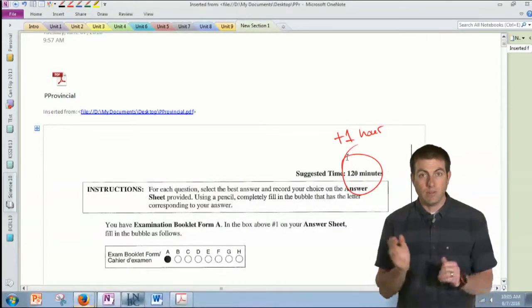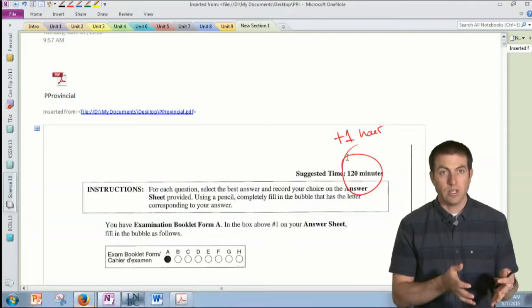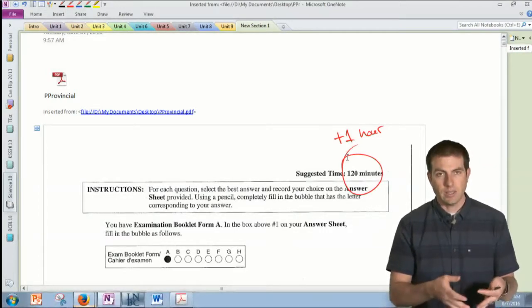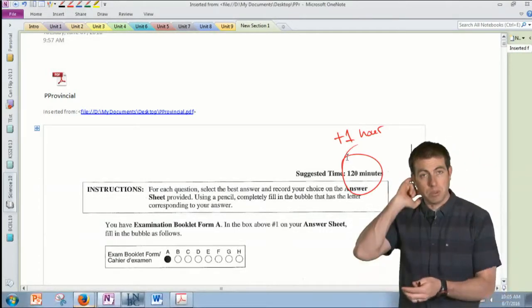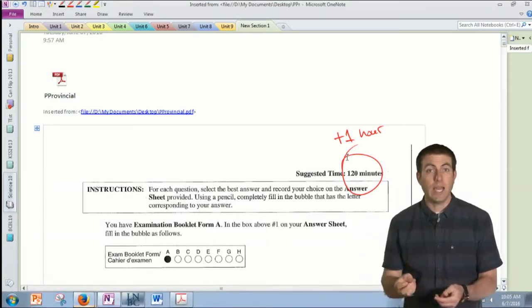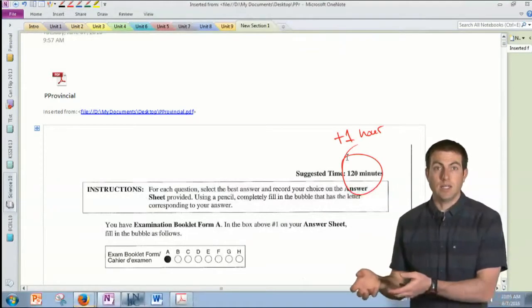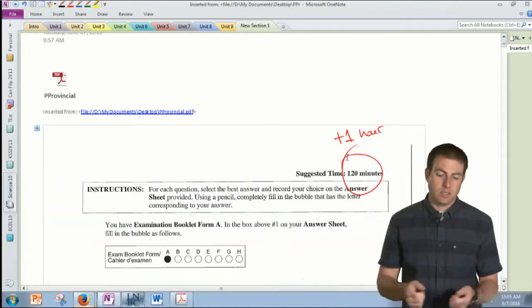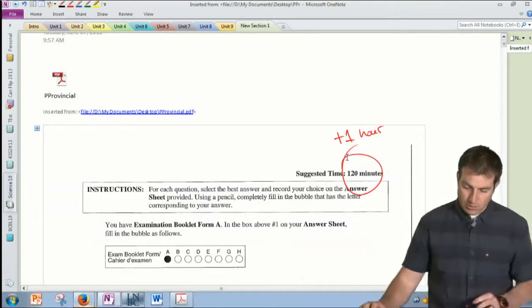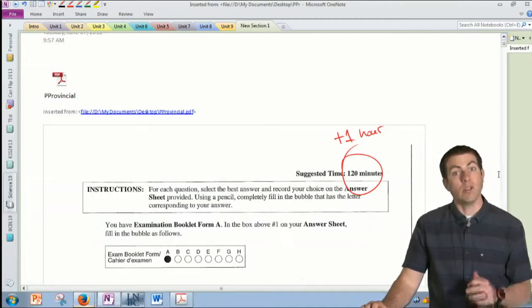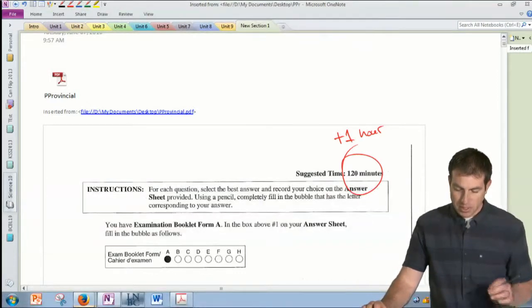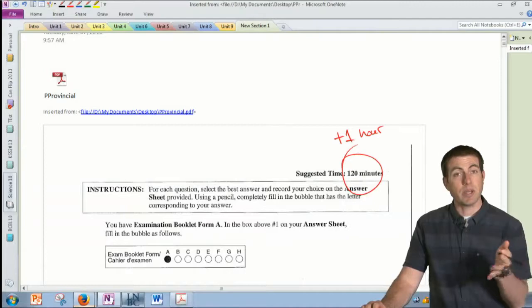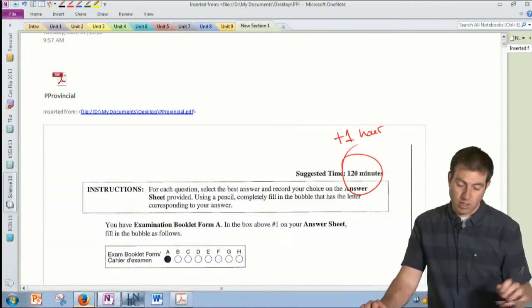If you've left all of your answers on your test pages, but you haven't filled out any of the bubbles and you run a little bit late, well, now you have a blank bubble sheet, and that's what they're going to take. So it's one of these things. If you're comfortable with it and you're aware of your timing, then you should be fine. But if you're starting to run late, it's better to have something on your answer sheet than to have nothing.